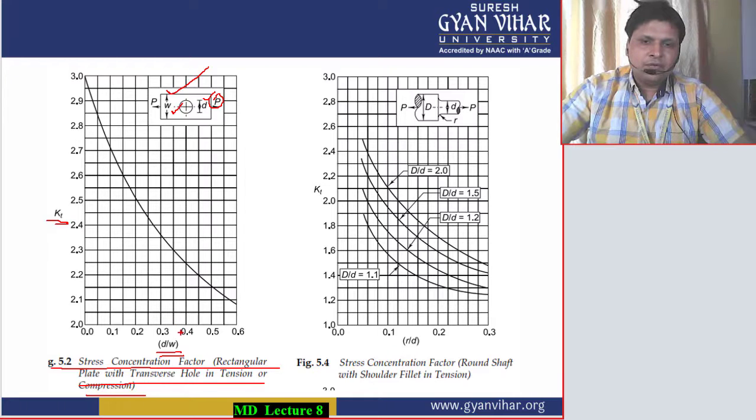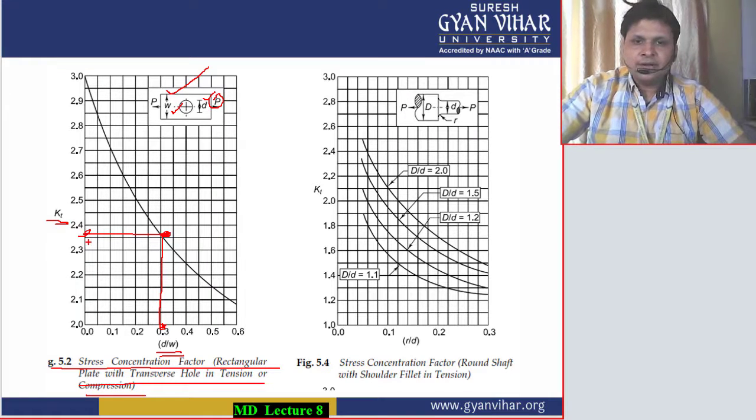See, if the value of d by W is 0.3, then just in the vertical line of this d by W, you scroll, and you will see that this vertical line intersects this curve at some point. Now at this particular point, on the horizontal line, whatever is the value of KT, that will be the answer.